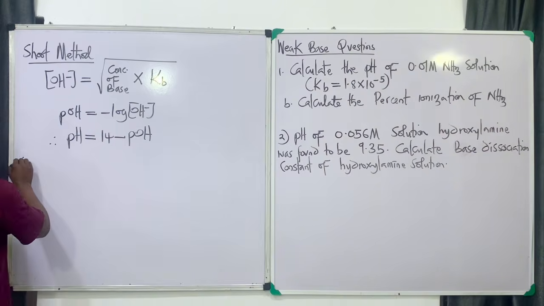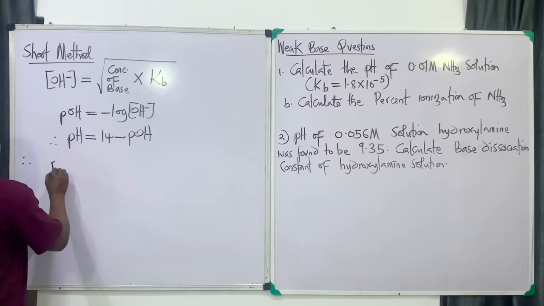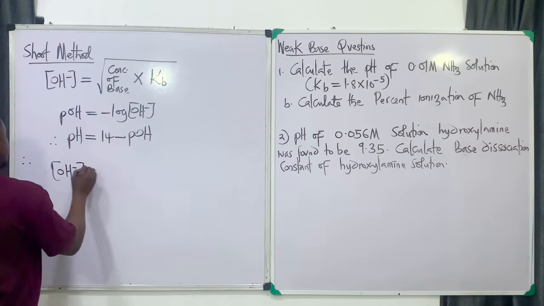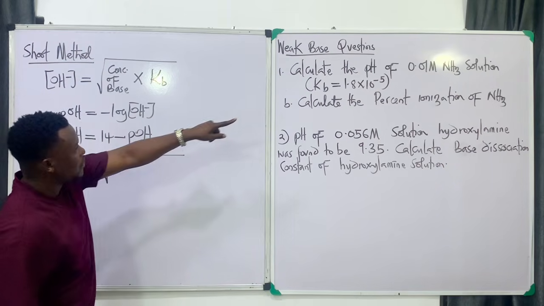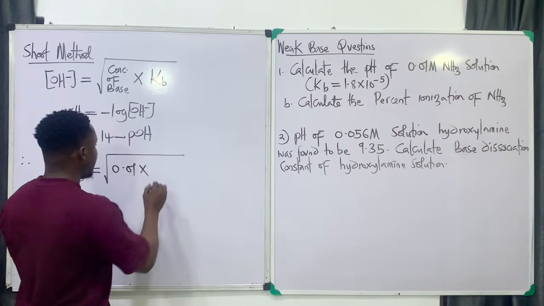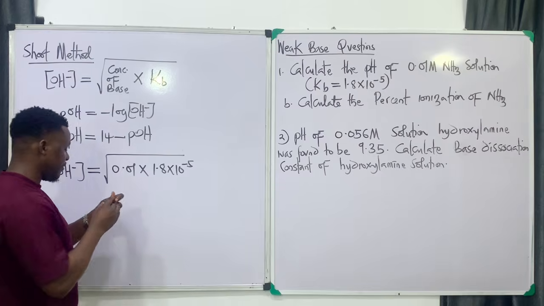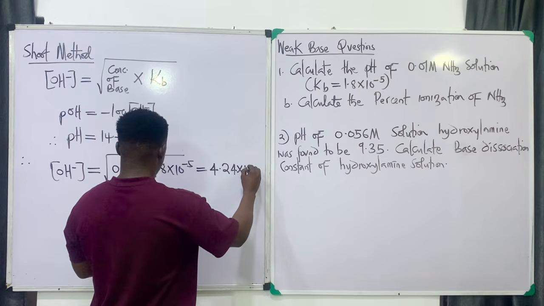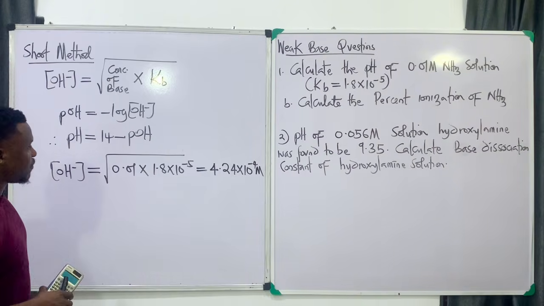Now, let's solve for this using this question. Now, the concentration of OH minus would be equal to the square root of the concentration of the base, which is ammonia, 0.01, times our Kb, which is 1.8 times 10 raised to the power minus 5. Now this is the concentration of OH minus.